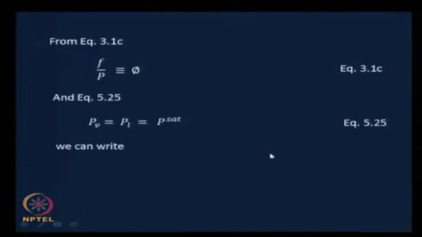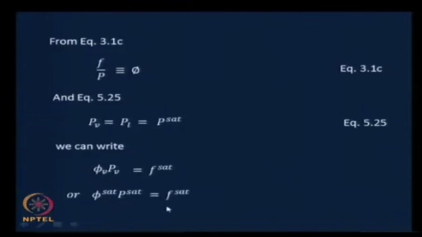From this and just the definition of the fugacity coefficient, we could write a relationship between the fugacity coefficient and pressure. Phi v Pv equals F sat, or in other words phi sat, phi v is nothing but the value at the saturated value under the conditions of vapor liquid equilibrium.